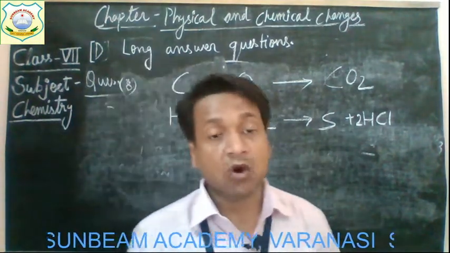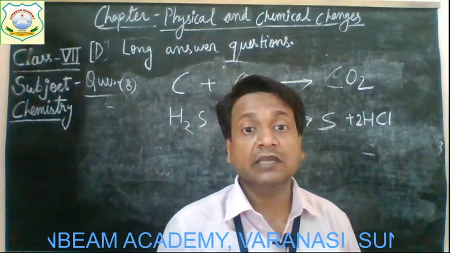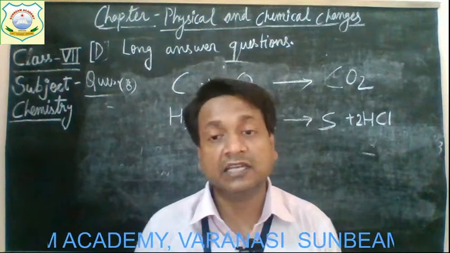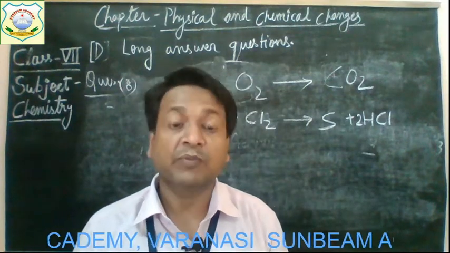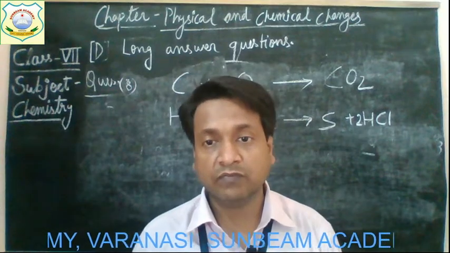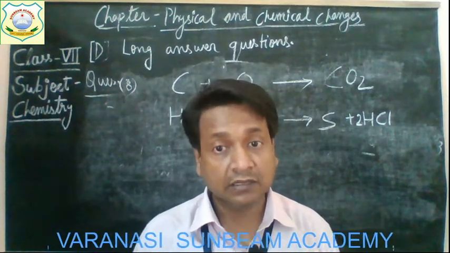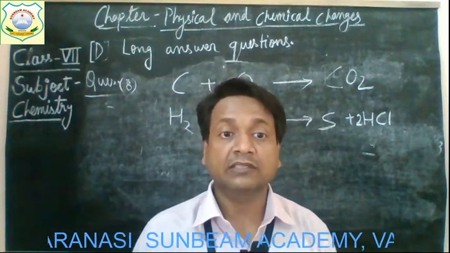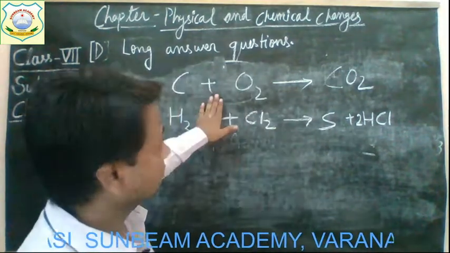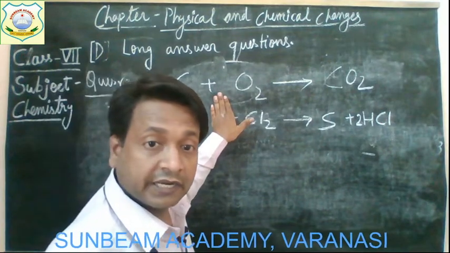Okay, and the oxidizing agent is one that oxidizes other substances by providing oxygen to them or by removing hydrogen from them. So such a substance is known as an oxidizing agent. So in the first equation, who is the oxidizing agent, children?